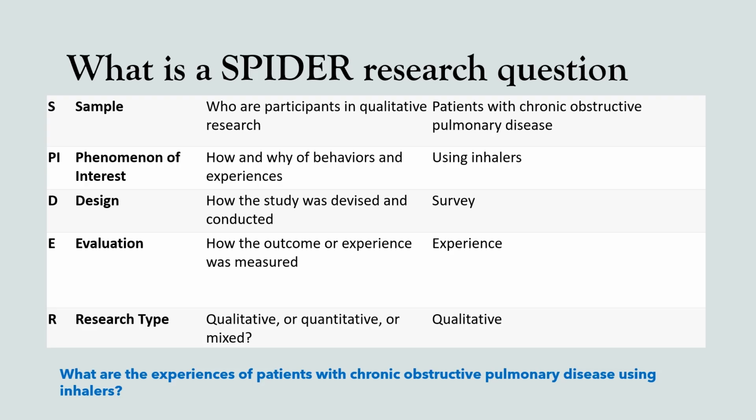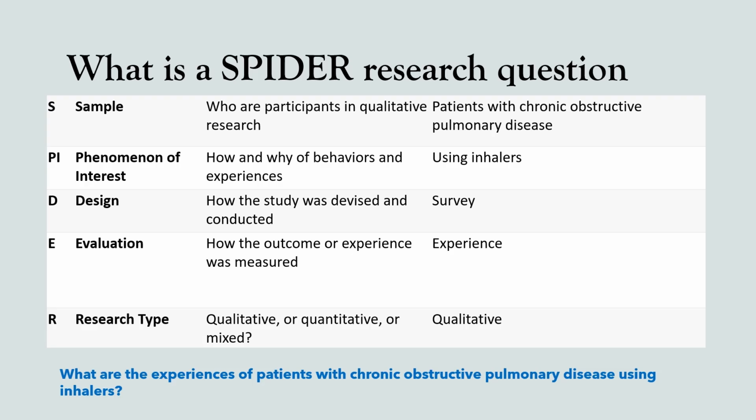The fourth component is E, evaluation, how the outcomes or experiences were measured. The evaluation component aimed to understand the impact of inhaler use on COPD management from the perspective of patients. The last component is R, research type.